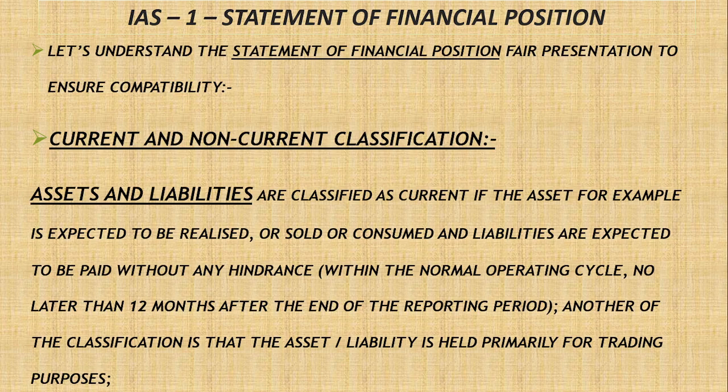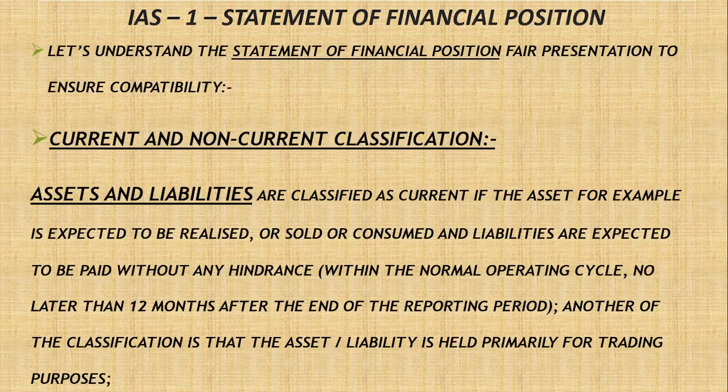Assets and liabilities are classified as current if the asset, for example, is expected to be realized or sold or consumed, and liabilities are expected to be paid without any hindrance within the normal operating cycle, that's no later than 12 months after the end of the reporting period.